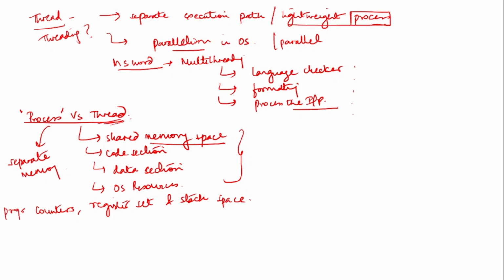Each thread has their own program counter, the PCs which we refer to, a different register set and a different stack space. This is different for every thread, so that we can keep track of the progress of each thread and what exactly it is currently doing, in which section of code it is currently present.